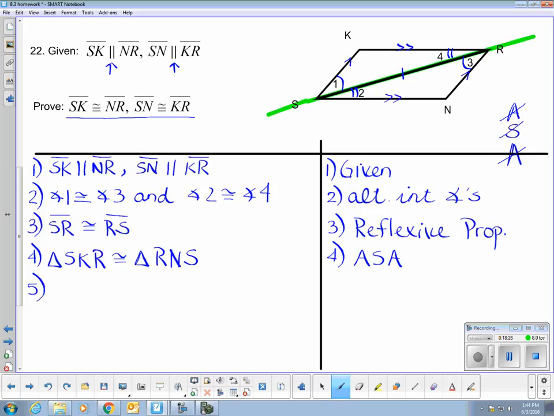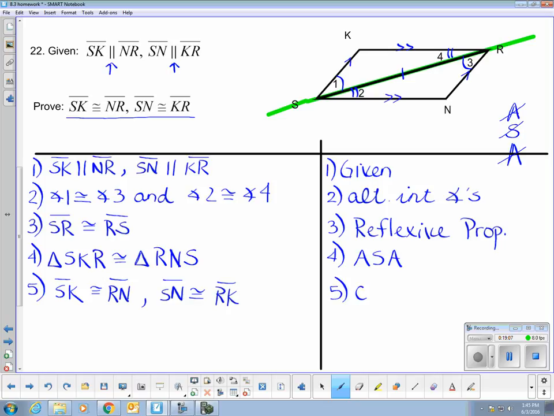So now that we have two congruent triangles, we can now say that SK, which corresponds to segment NR, and I'm going to actually say RN, and segment SN, which corresponds to segment RK, are congruent to each other.